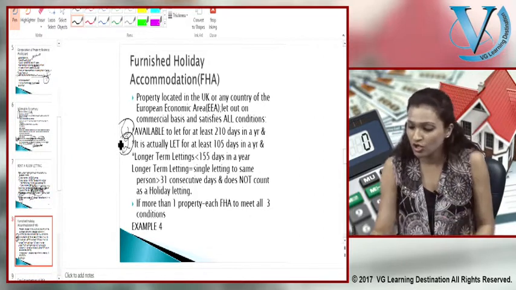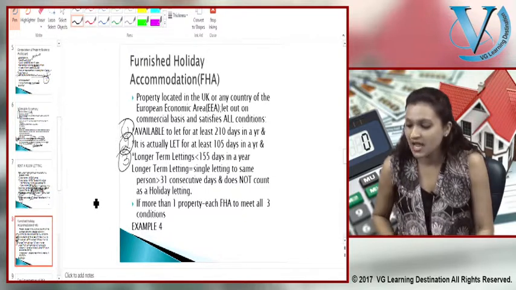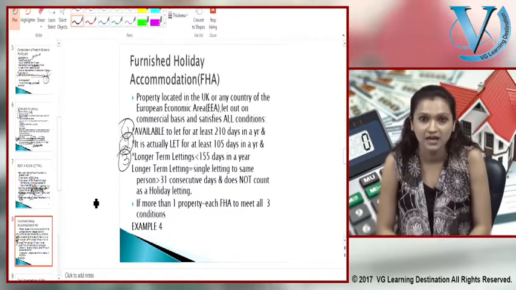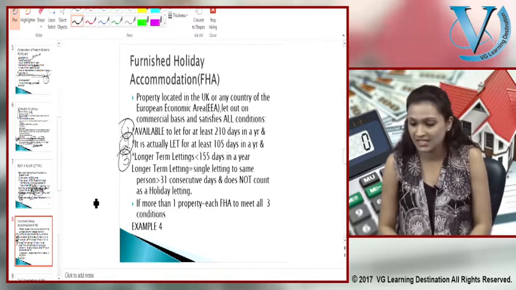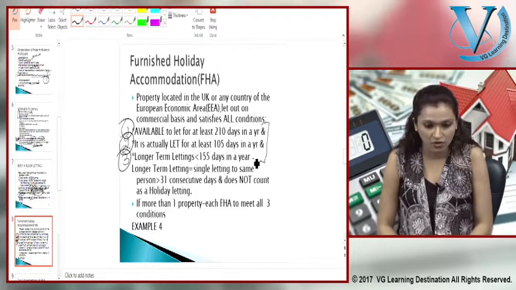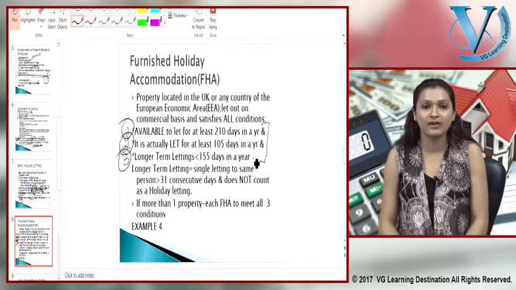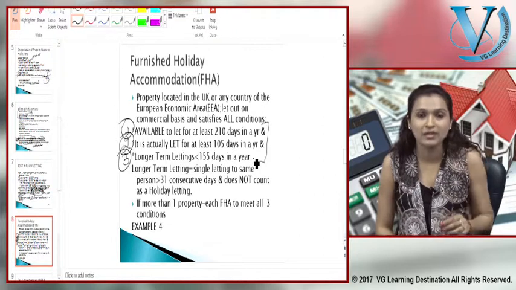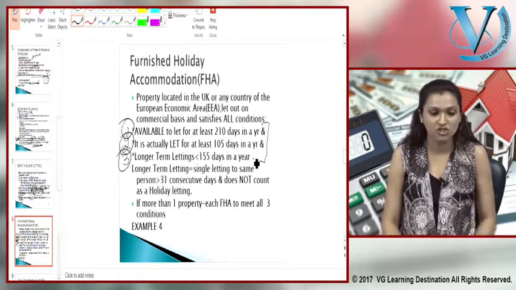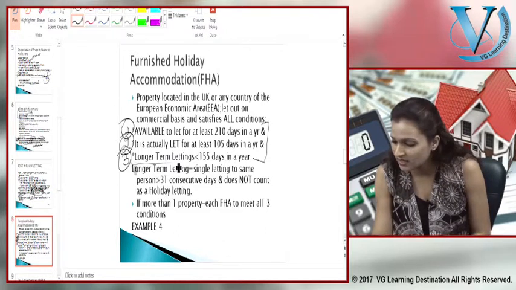And also your longer term lettings must be less than 155 days in a year. All three conditions must be satisfied in order for the property to become eligible as a furnished holiday accommodation. Now, what is this longer term lettings?